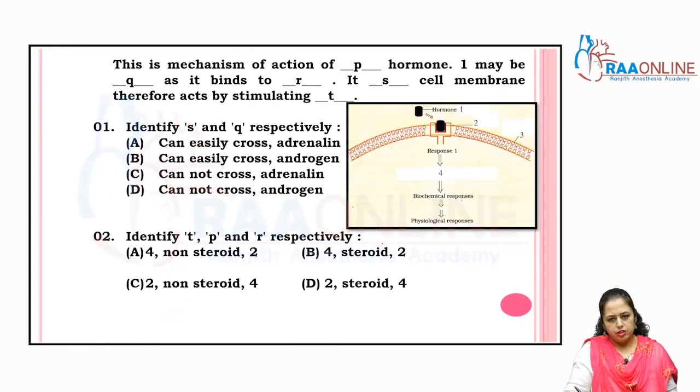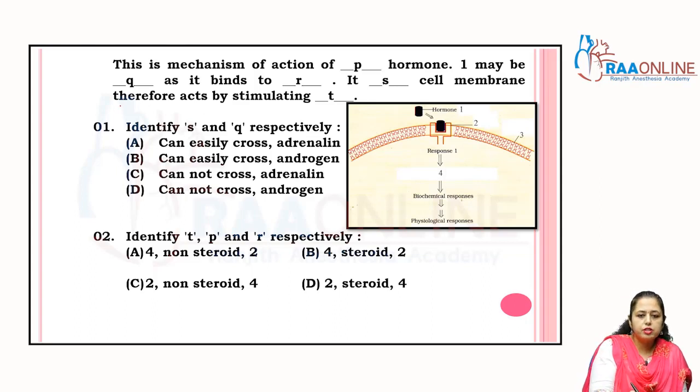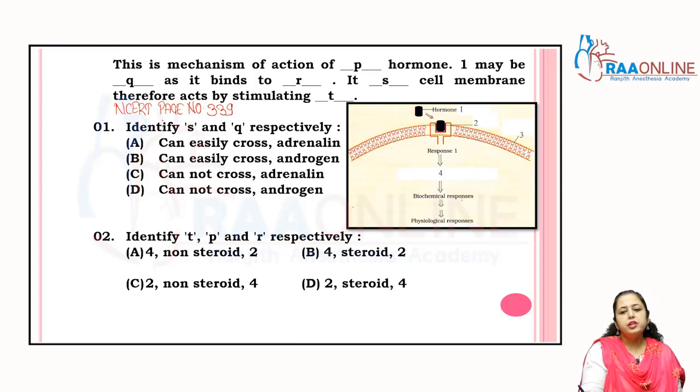Come to the first question. This is the NCERT diagram, which is given on NCERT page number 339. That is hormone 1, for example, in NCERT here it is defined as FSH, right?